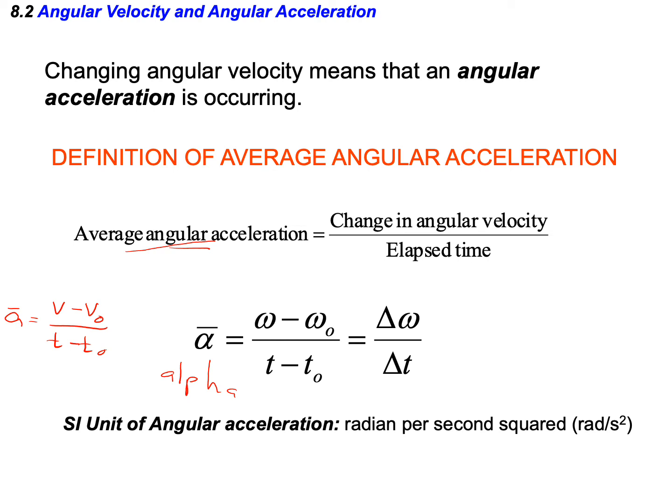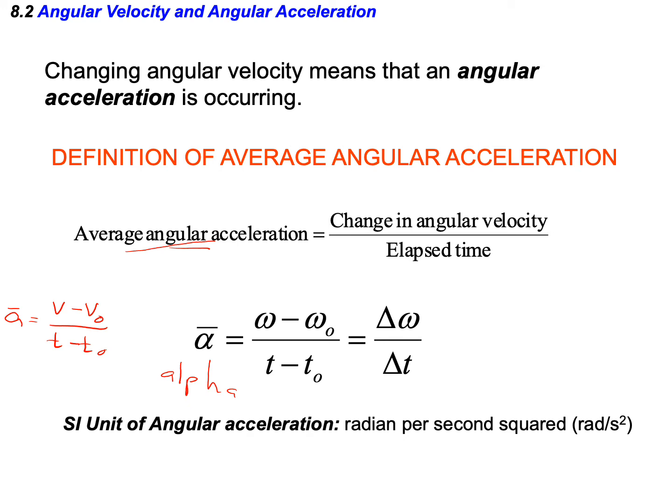So angular acceleration is equal to angular displacement over time change. So delta omega over delta t. So angular acceleration is angular velocity change over time change.